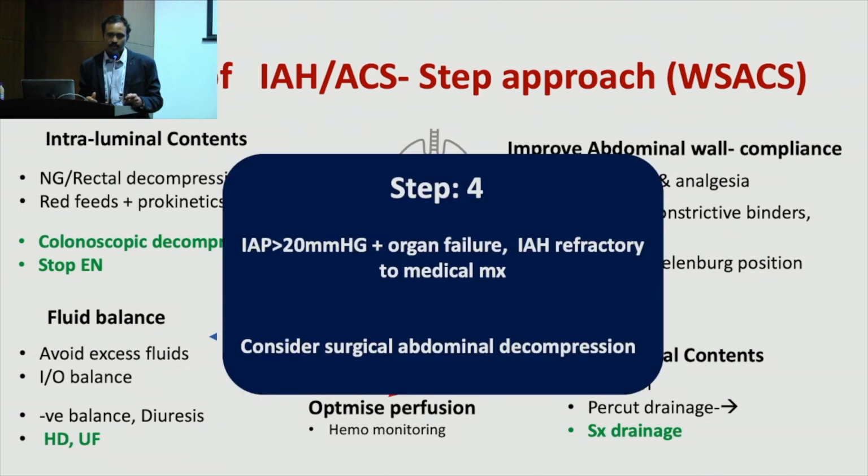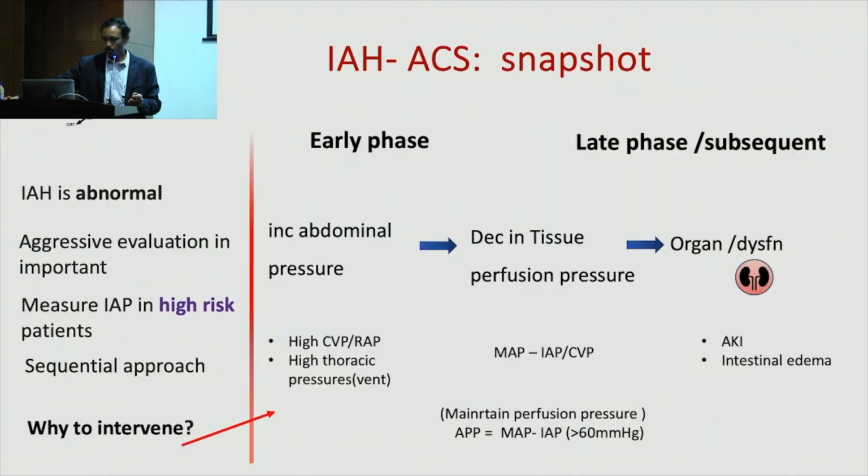What is the last modality? The most important modality in an ICU patient is to open the abdomen and push the patient to the OT. More sophisticated centers open the abdomen at the bedside itself, but in many of our ICUs it is not comfortable to open the abdomen, so they push the patient to the OT.